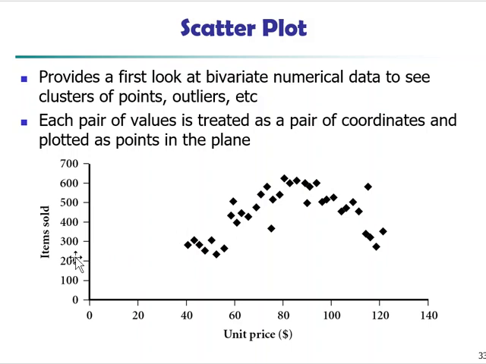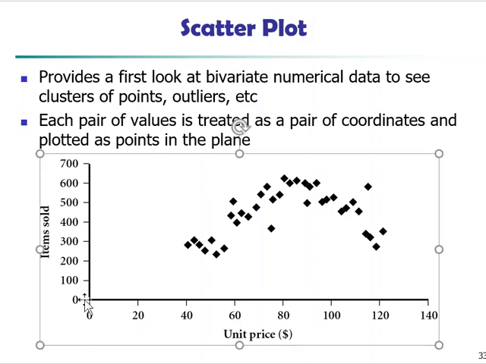It depicts the relationship quite visually. We can also plot in 3 dimensions, as you can see. If you have a trivariate numerical data set, then you can look at the relationships among 3 variables just by plotting the data into a 3-dimensional space.